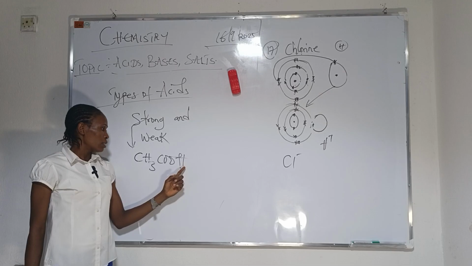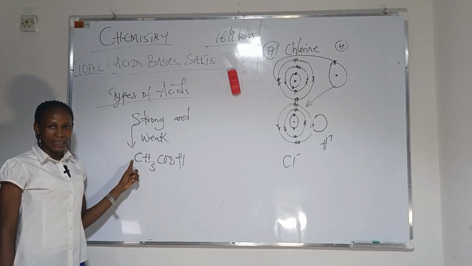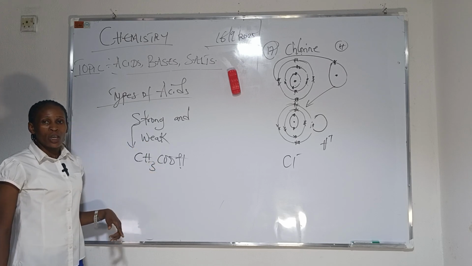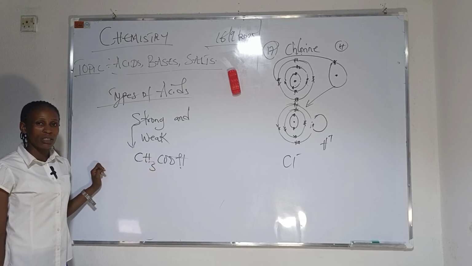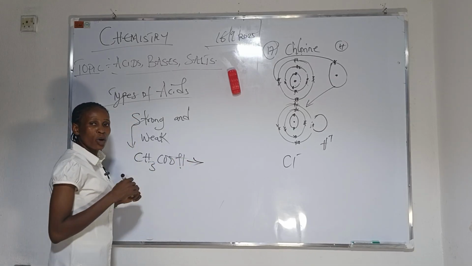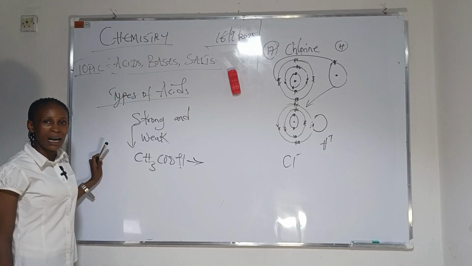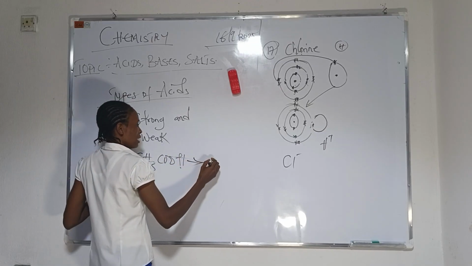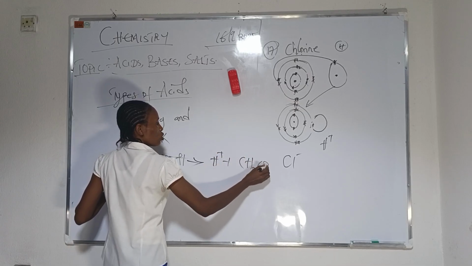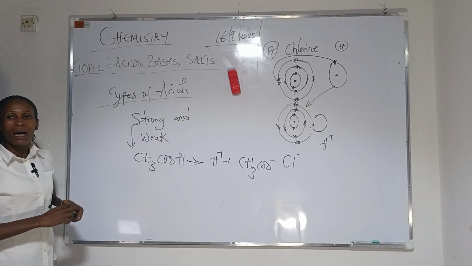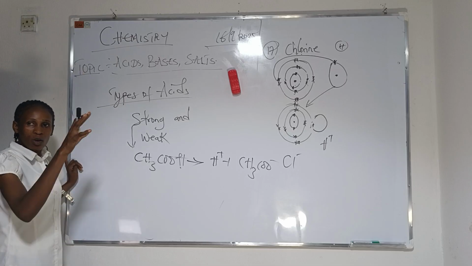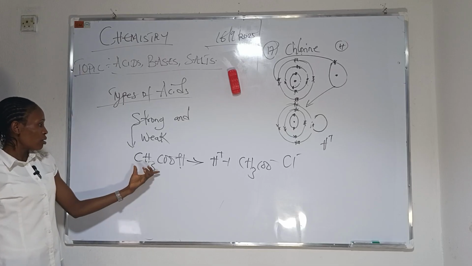Remember, this is an organic acid. When dissociation comes here, you are not going to have full splitting or breaking of the hydrogen ion. Rather, you will have something like this: your hydrogen ion plus CH3COO. Are you with me? The ionization is not taking place completely.